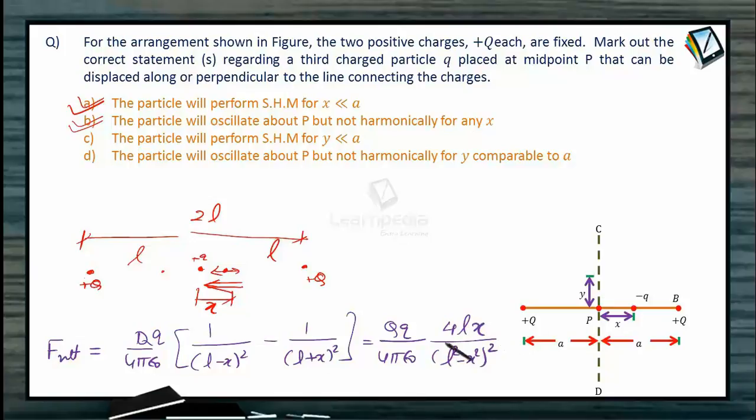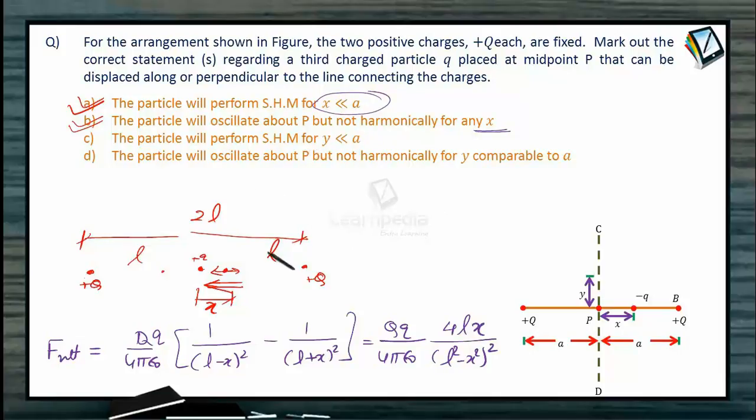So you can see that F net is proportional to x only if x is negligible in comparison to L. That is why we are saying that it will not perform simple harmonic motion for any value of x. It will perform harmonic motion only for a smaller value of x, which is much smaller in comparison to a.